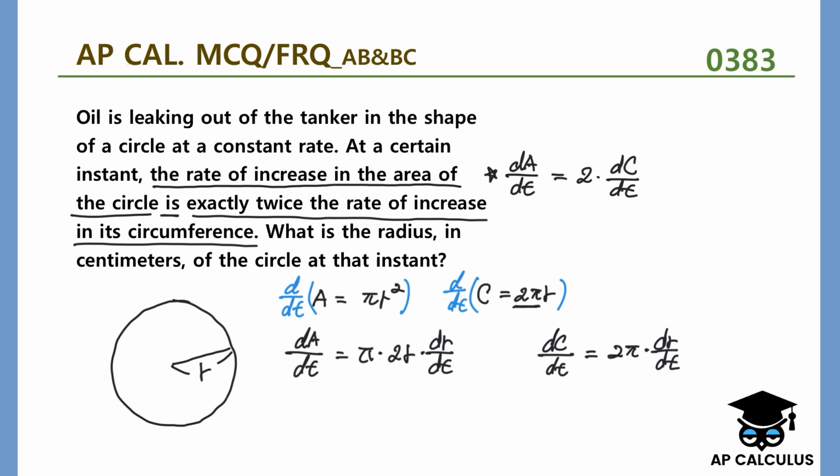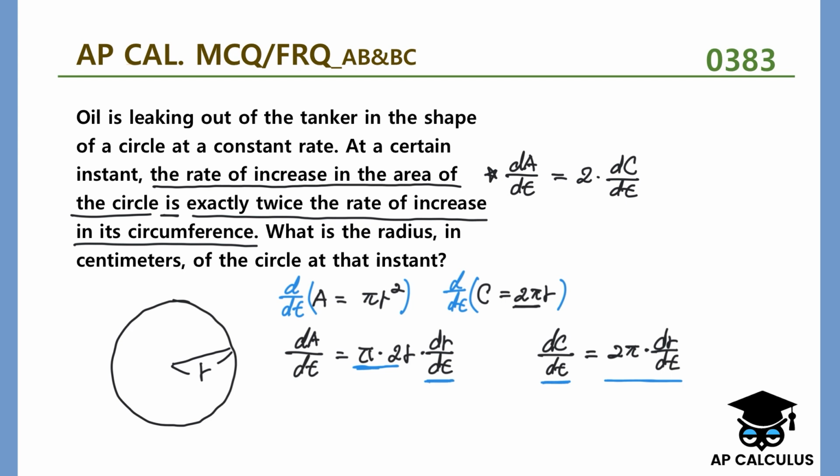So 2 pi times the dr dt is equal to dC over dt. Here we have 2 times pi times the dr dt, so all of this expression is equal to dC over dt.